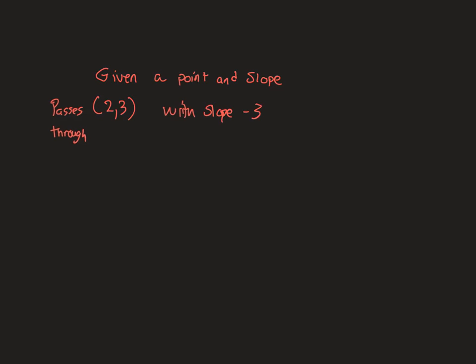In the next situation, I'm telling you it passes through this point and it has the slope of -3. So I've already given you the tools you need. I know my m is -3, so I already know partially my equation is -3x plus b. So the only thing you have to do here is sub 2, 3 into the equation.